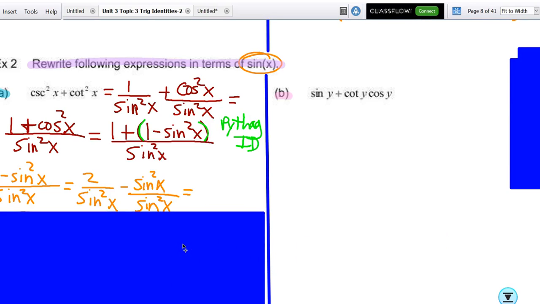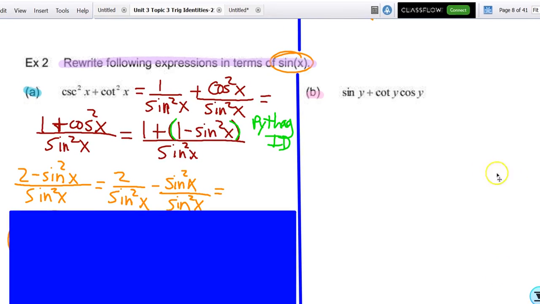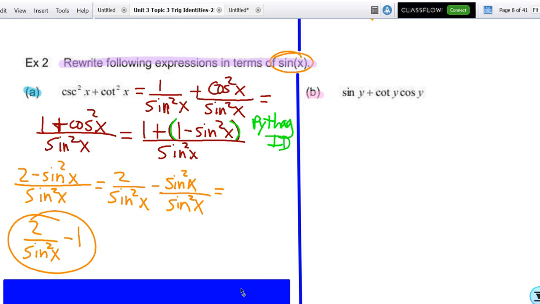So if I separate sine squared x divided by sine squared x, it simplifies to 1. And now I really do have my entire expression in terms of sine x. It's 2 over sine squared x minus 1. Unlike the previous problem where I got rid of the trig function in the denominator, since it has to be in terms of sine, I'm going to keep that expression that I circled exactly the way it is.